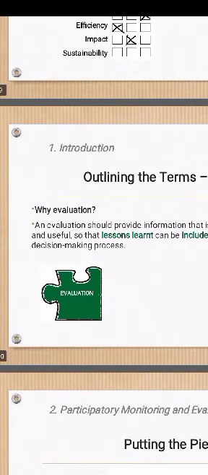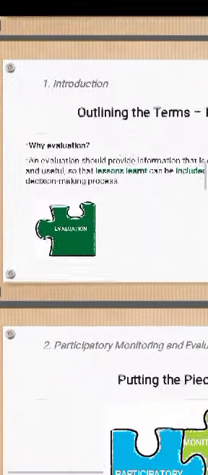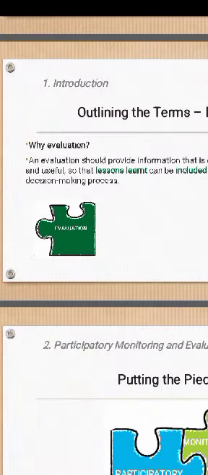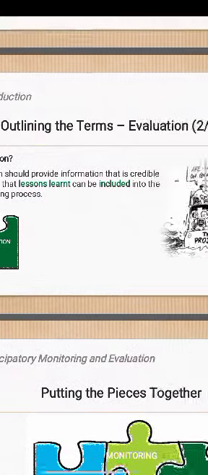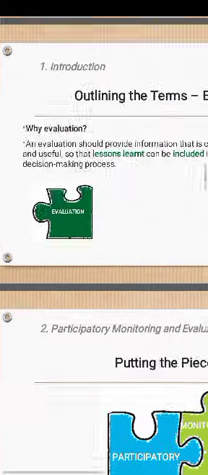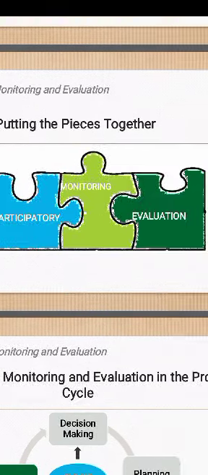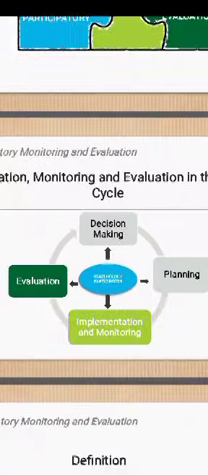Why evaluate? That's what we're asking ourselves. An evaluation should provide information that is credible and useful, so that lessons learned can be included in the decision-making process. Now, we have a picture showing participatory monitoring and evaluation when they are combined together.